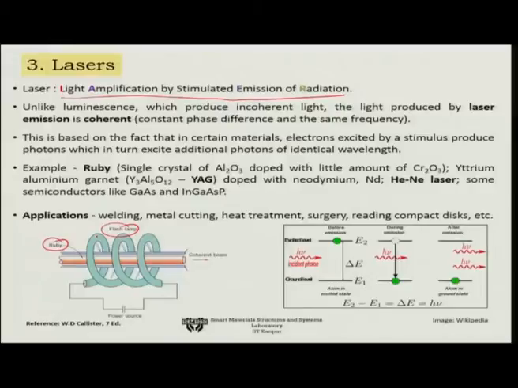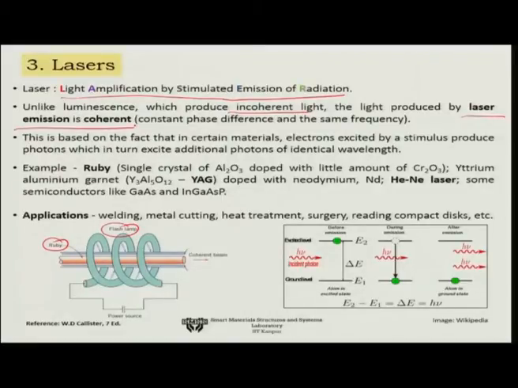In the case of luminescence the energy comes out, but it is incoherent because the phase relations continuously change, whereas laser emission is very much coherent, with a constant phase difference and the same frequency emitted.